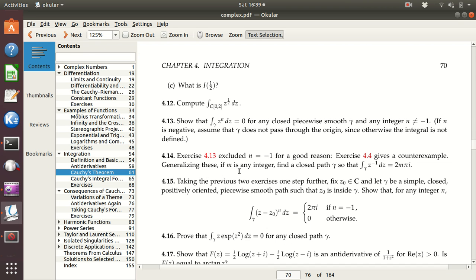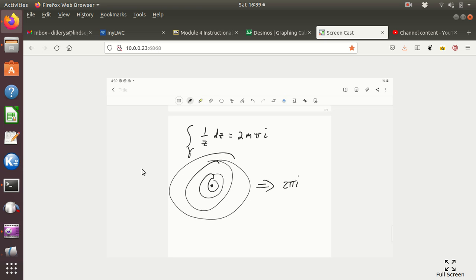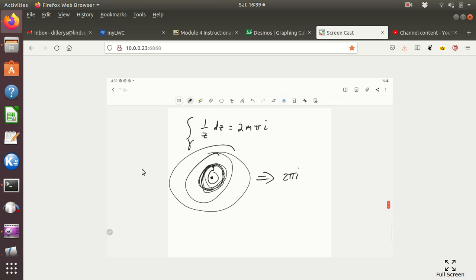generalizing these, so that we find a closed path, not simple. In that case, if it just has to be closed, then pick any one of these and make it a circle, and go around m times. Then your parameterization becomes the integral from 0 to 2m pi, and say we use the unit circle, so that was e to the it.